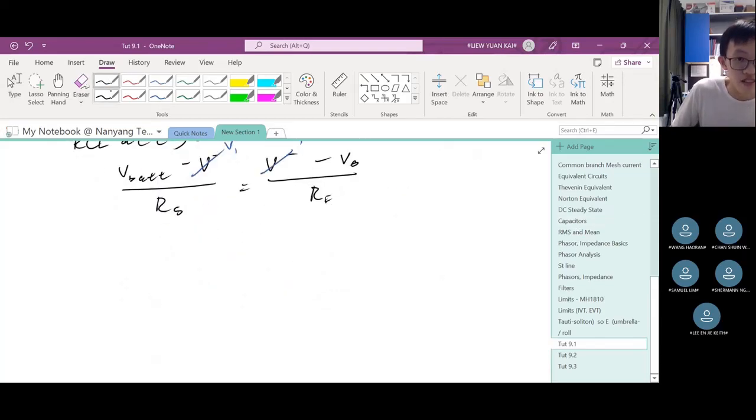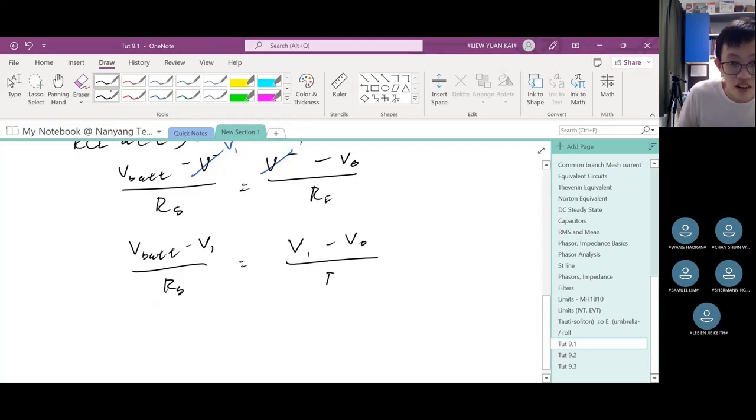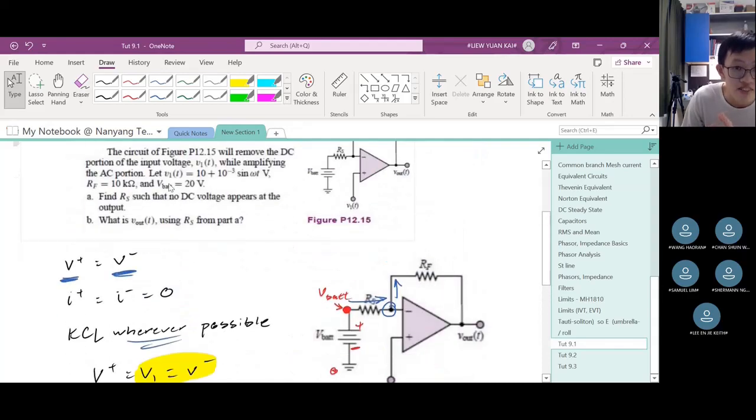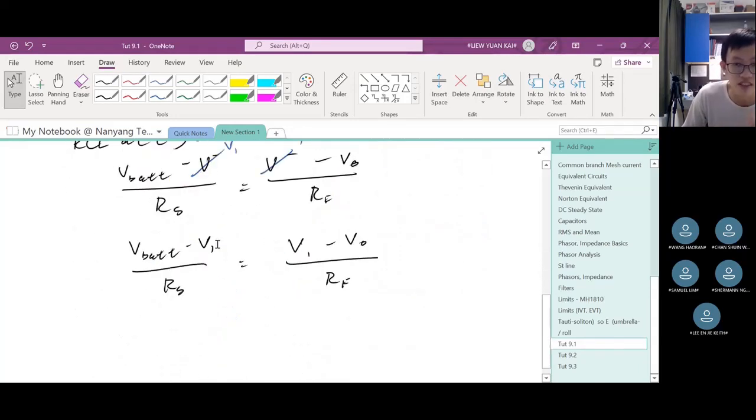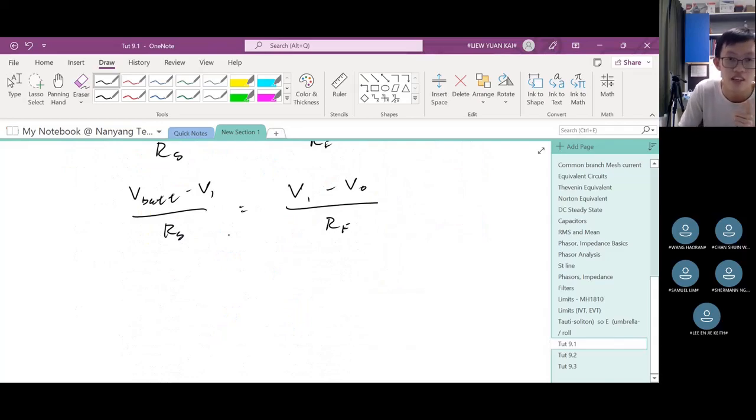I will just rewrite this whole thing: V bat minus V1 over Rs equals V1 minus V out over Rf. Our objective here is to make V out the subject, because they say no DC voltage appears at the output voltage. So this is V out, and that's why we want to make V out our subject, because it's the term of interest right now.